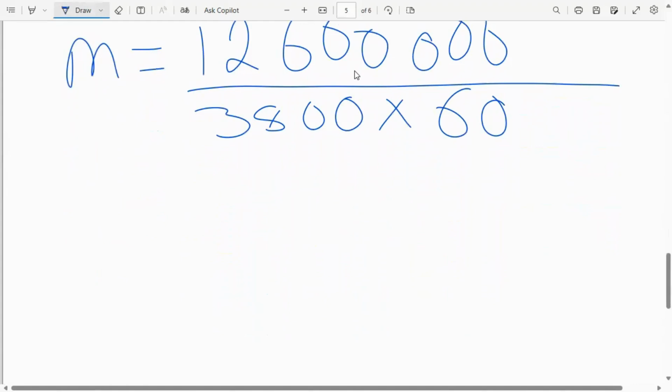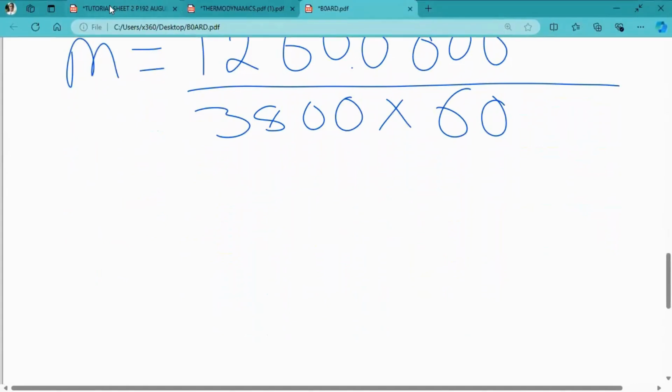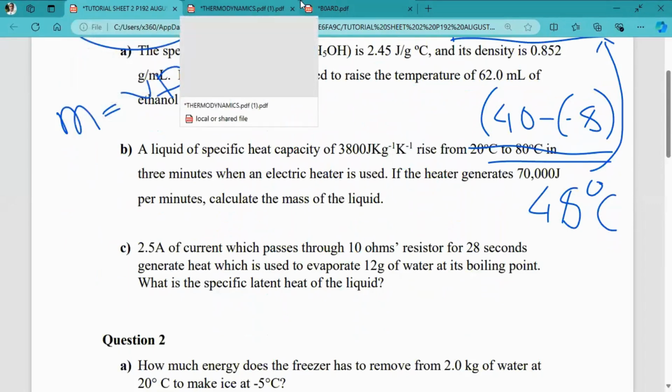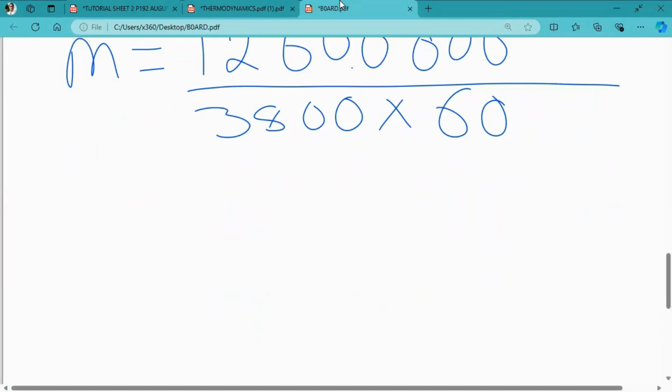Okay, so that heat capacity, which is 3800 multiplied by 60, will give me 228,000. So 12,600,000 divided by my answer.